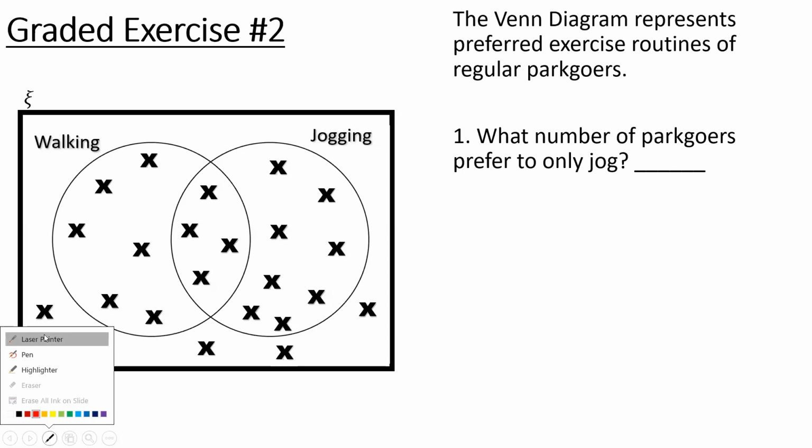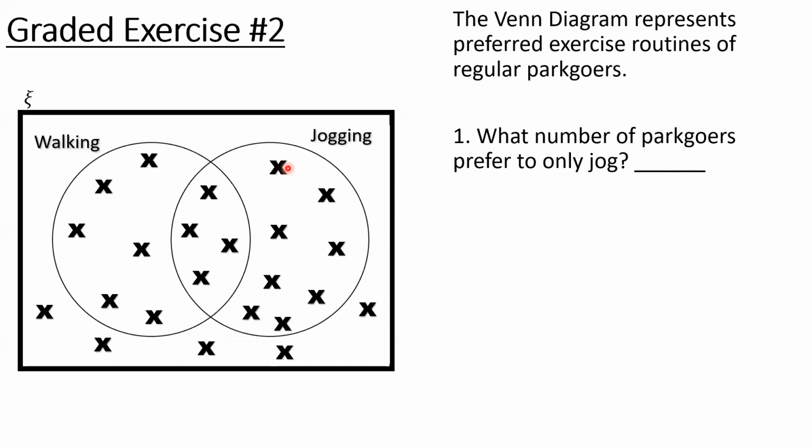Because the number of x's in the circle add up to 8. Anyone else want to explain? Okay. Remember they say only jog. So that means we have the count. Now, just for the record, each X represents an individual. I missed it, I didn't count it properly, but you have to count it.